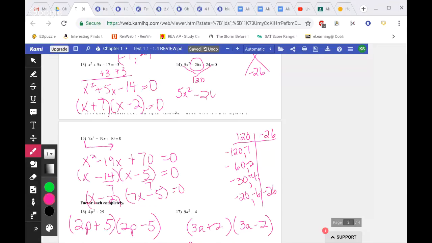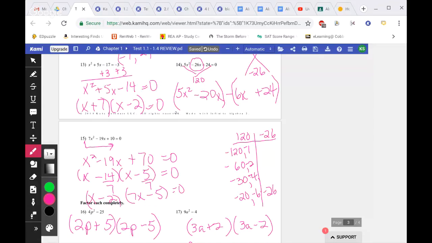So that's negative 20x minus 6x plus 24. And then she would group it, right? Yeah.